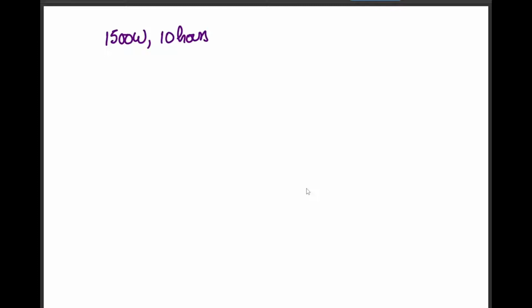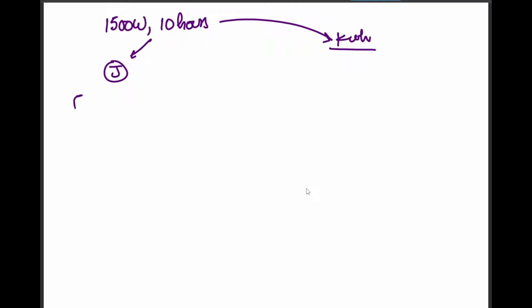What I want you to find out is its energy in kilowatt hours, and its energy in joules. And let's see which one comes out to be more convenient in terms of values. For joules, I'll have to convert hours into seconds. So power, that is 1500, multiplied by seconds of 10 hours, that would be 10 multiplied by 3600.